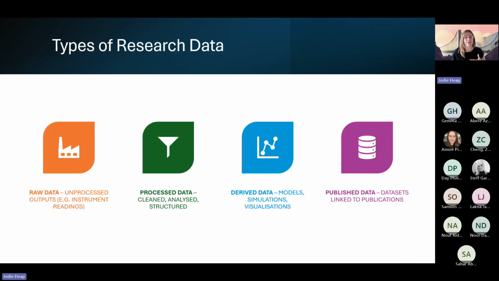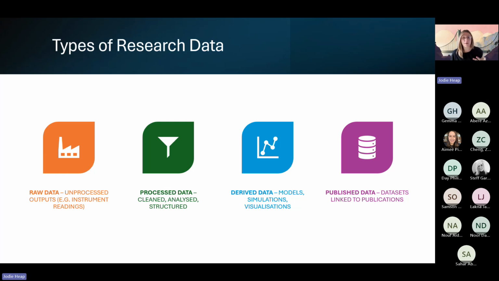These can be broadly categorized into raw data, so data that has not yet been processed, which could just be raw instrument readings. Then we have processed data, so data that has been cleaned, analysed and put into some sort of structure. We have derived data, which could then be translated into models, simulations or visualizations.